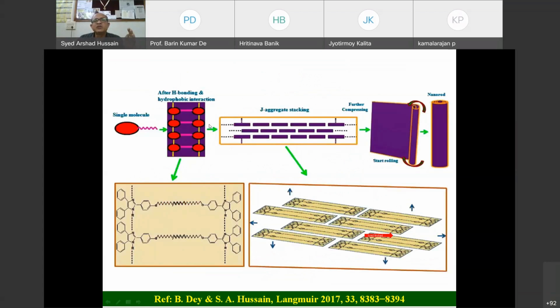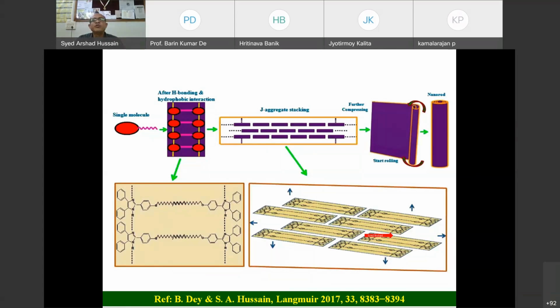This is mainly because in the LB technique, when we spread the material at the water surface, the molecules form hydrogen bonding and come close to each other, forming a molecular wire kind of thing having two molecules side by side.